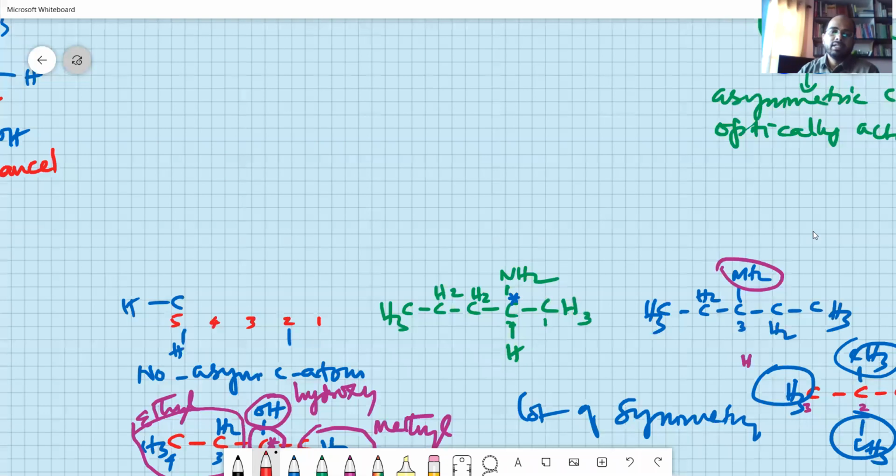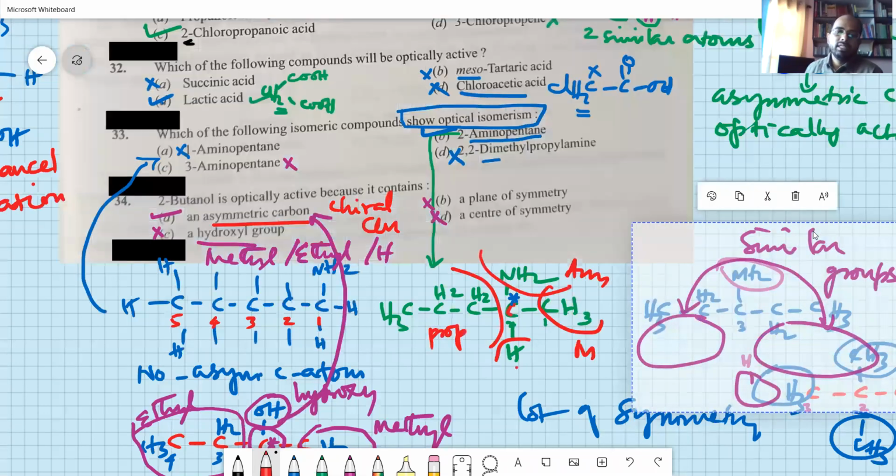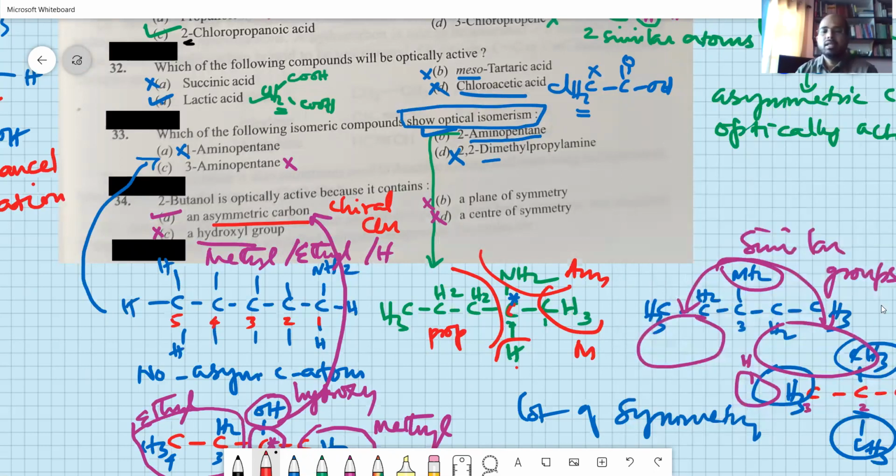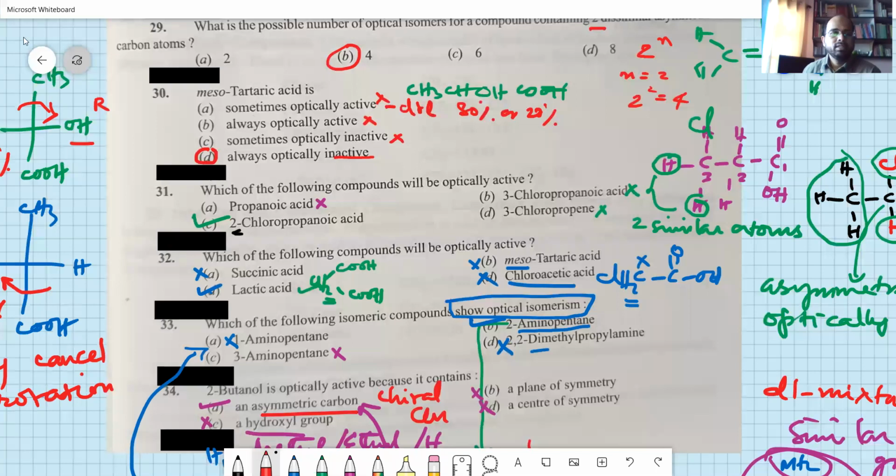DL, whenever you remember that word DL, remember something like a mixture. Okay, DL is always a mixture. Okay, so that is the point for today.